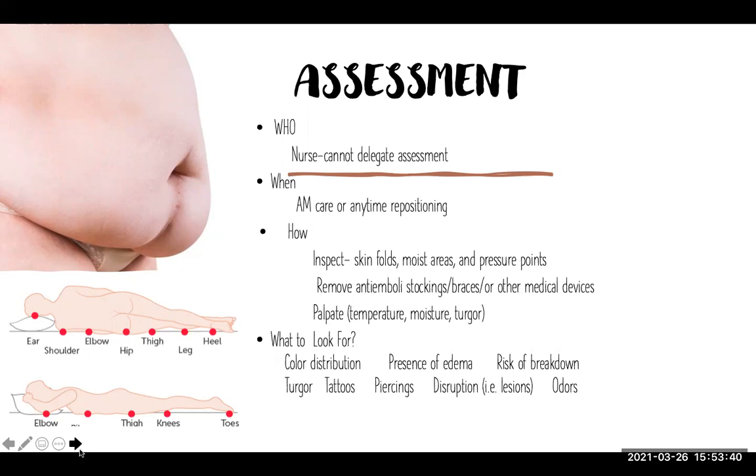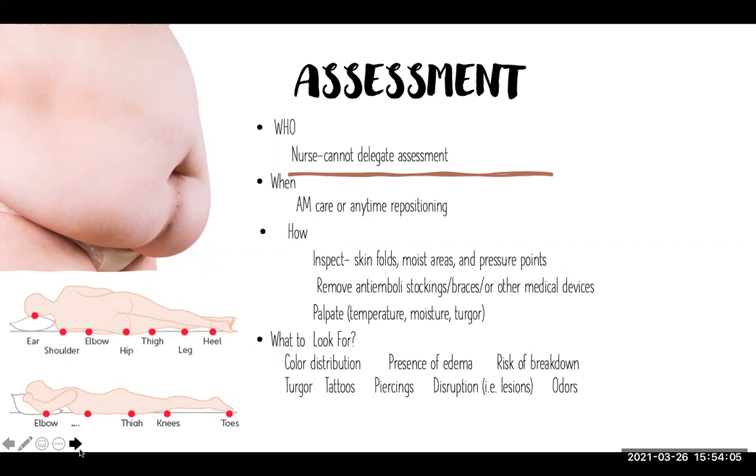And then what we look for: the color, the distribution of lesions on the skin, any evidence of edema, risk for breakdown, any tattoos, piercings, odors, and of course the skin turgor. To the left here, you see all the major pressure points.